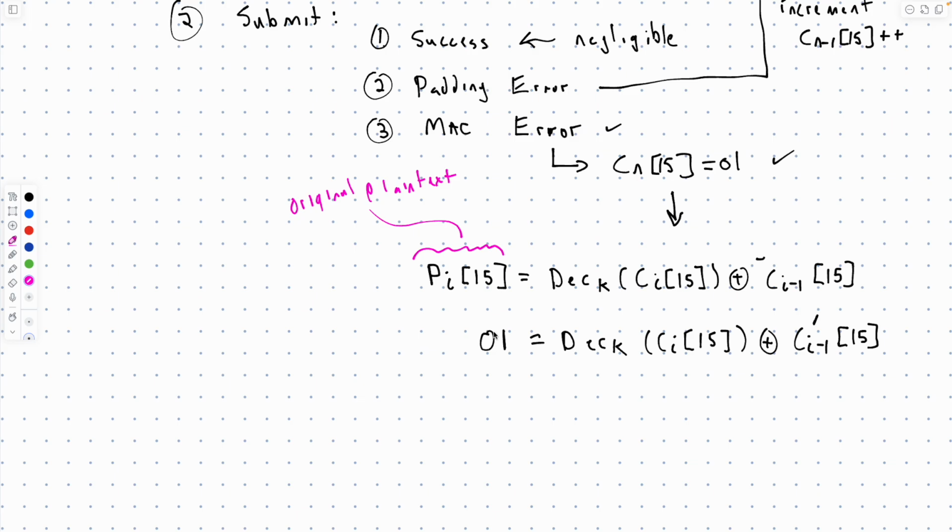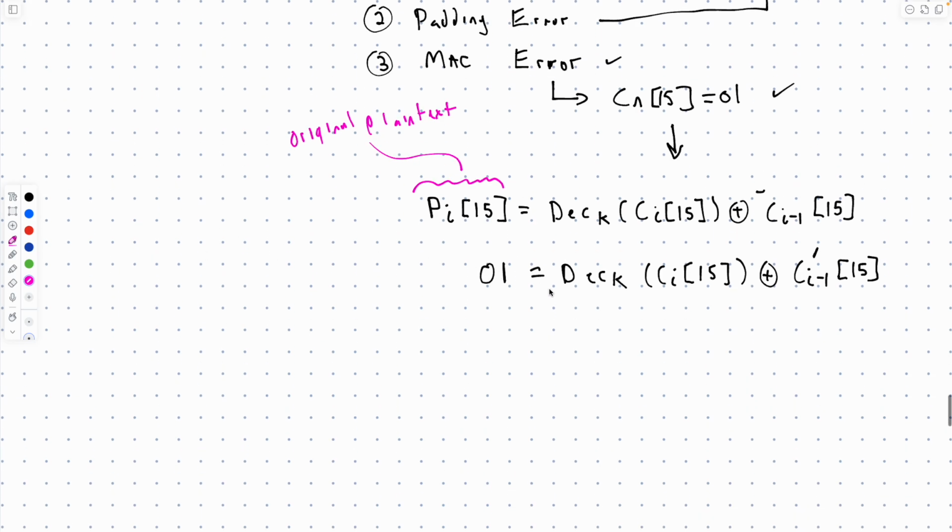What I can do is start with this equation and move the decryption over to the other side. So the decryption under K of C_i[15] equals 0, 1 XOR C_{i-1} modified [15].